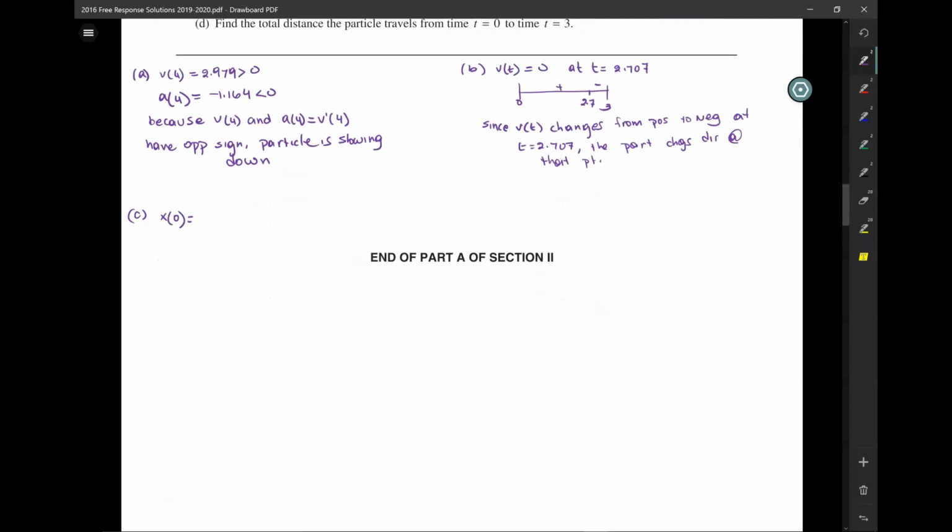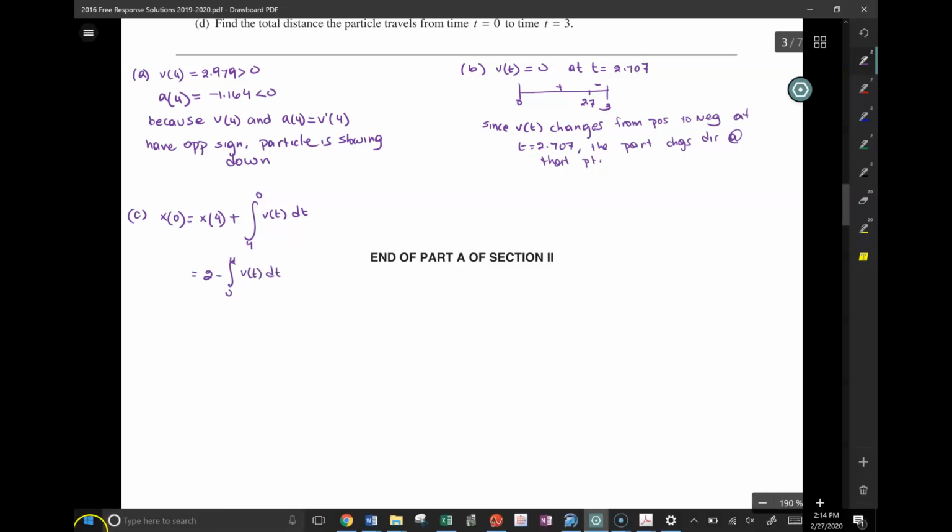So here we're going to write first x of 4 plus, now I want x of 0, so my integral has to go from my initial point to what I'm finding, from 4 to 0. This is the third time so far that we've seen the reverse interval, right? From 4 to 0, v of t dt. So this is 2 minus the integral from 0 to 4 of v of t dt.